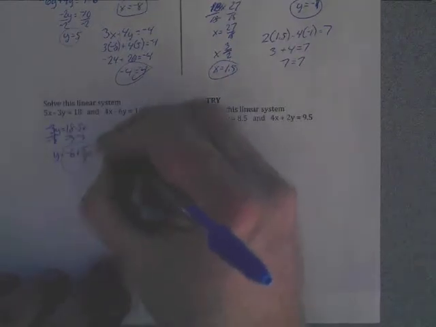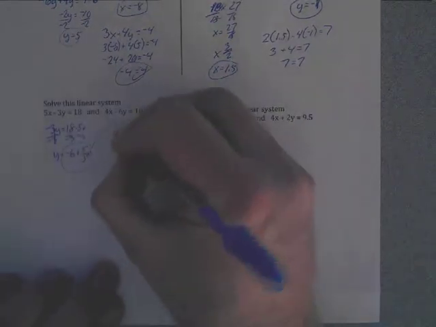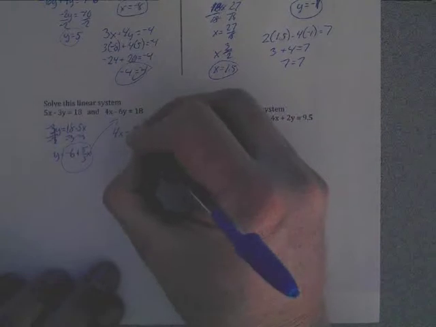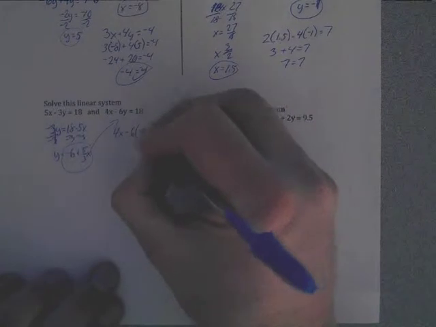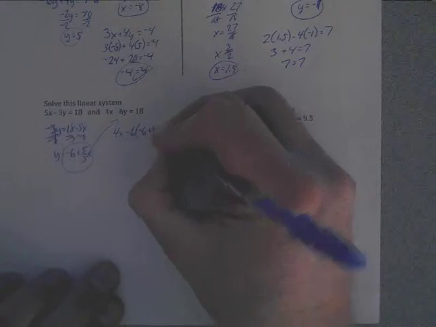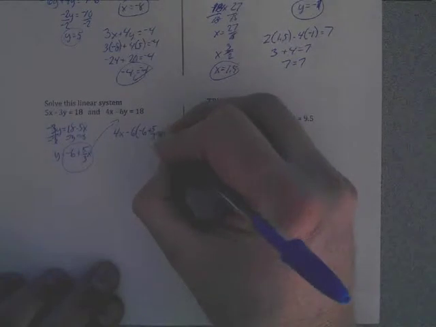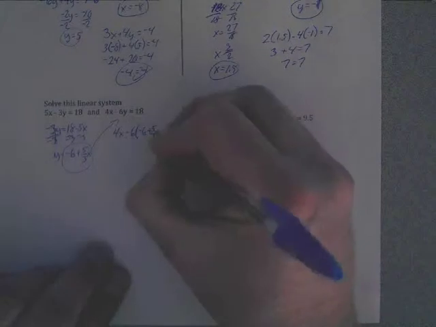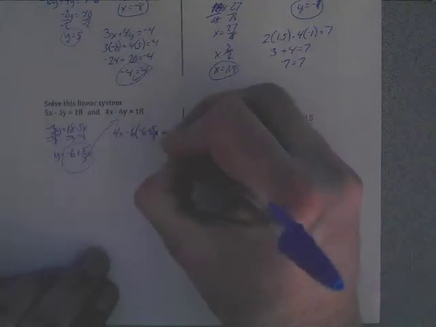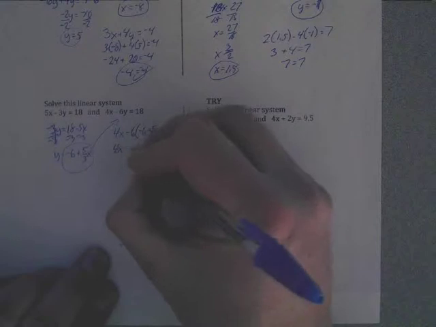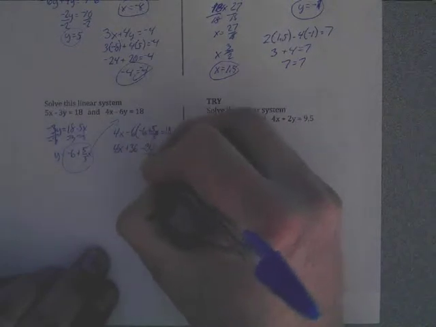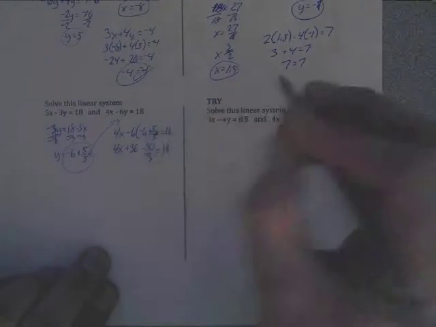Substitute this in for my y here, so I get 4x minus 6 times (negative 6 plus 5 over 3x) equals 18. Get rid of the brackets. 4x plus 36 minus 30 over 3 x is equal to 18.